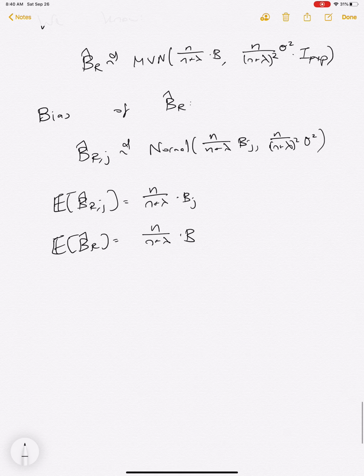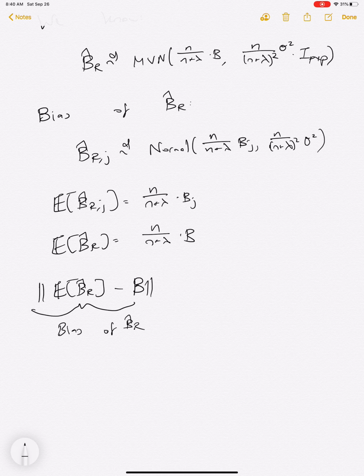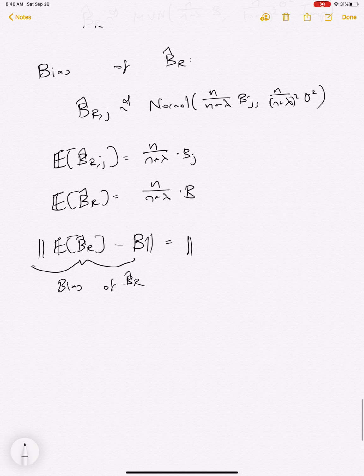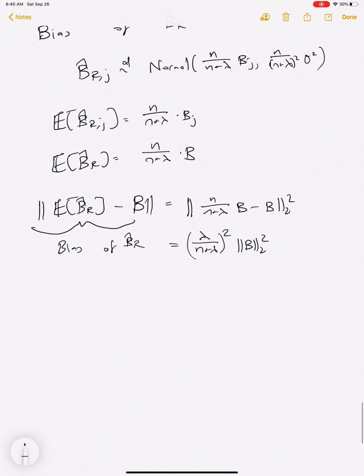And so if we look at the expectation of b hat r minus b, so this is the bias. So that's just going to be n over n plus lambda b minus b all squared, which is just lambda over n plus lambda squared times norm of b squared.